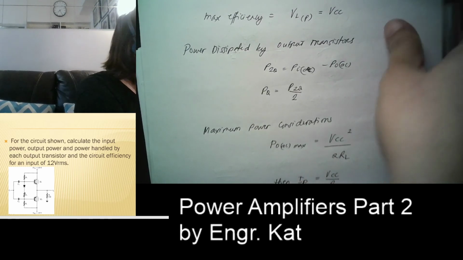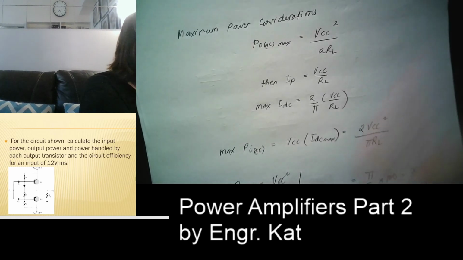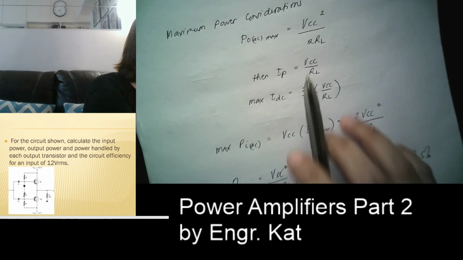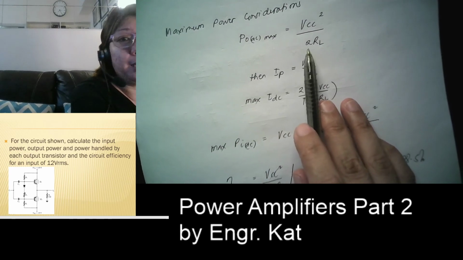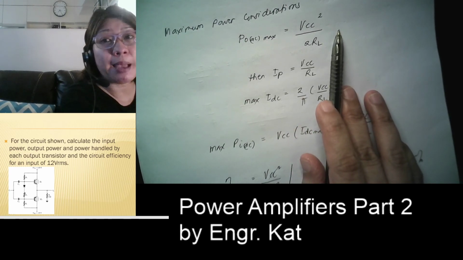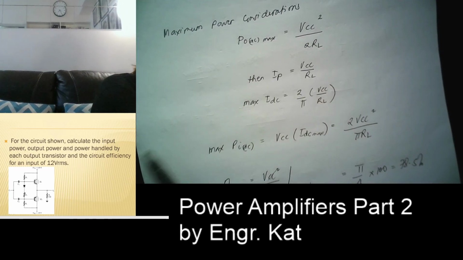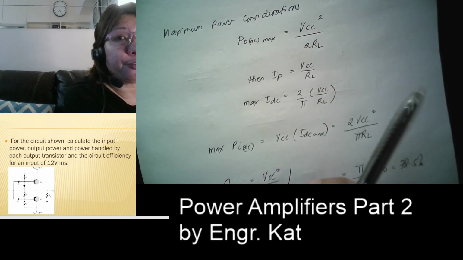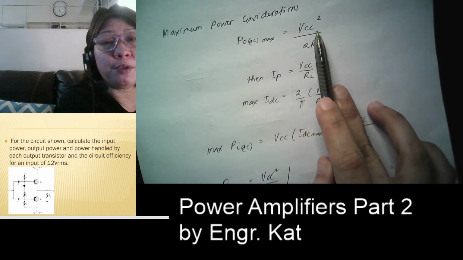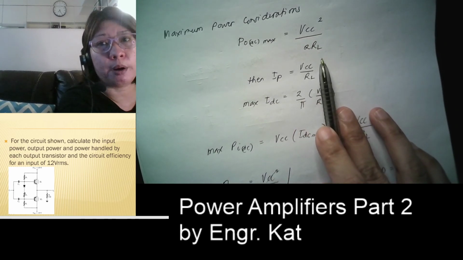So considering maximum power considerations, we have here POAC maximum is equal to VCC. That is our maximum consideration when all of your VCC will be transferred to your load. So that will be VCC squared divided by 2RL.